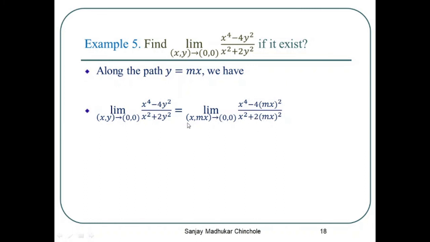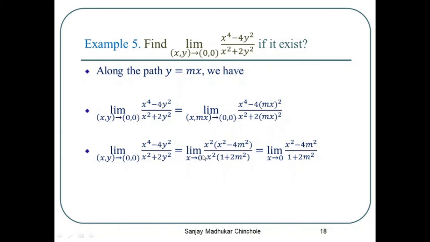Again, the limiting process reduces to x tends to 0. We will get limit x tends to 0, this x raised to 4 remains as it is, minus 4 times mx bracket square means 4m square x square, and we can take x square common from the two terms of the numerator, so we get x square into bracket x square minus 4m square.